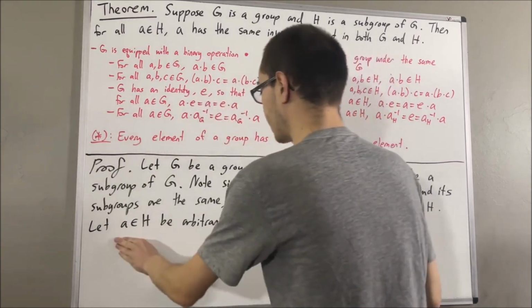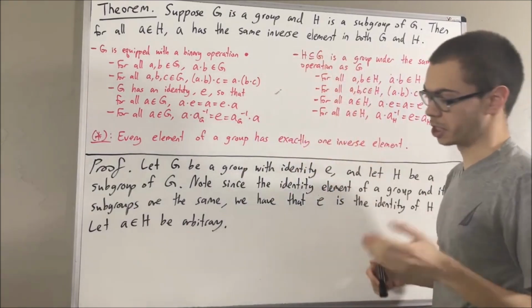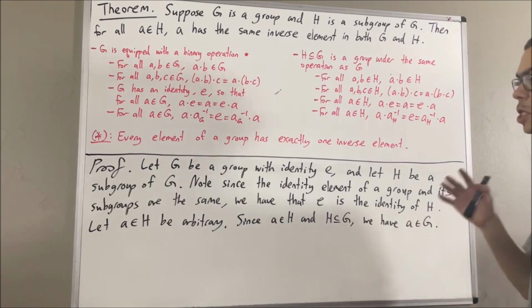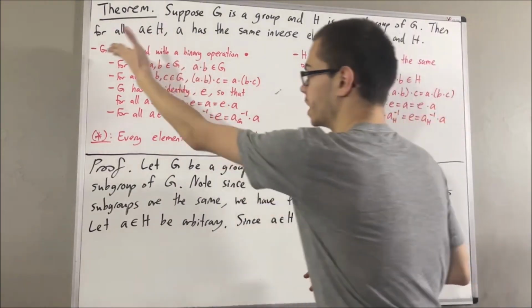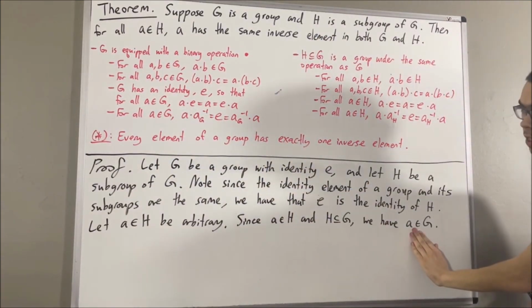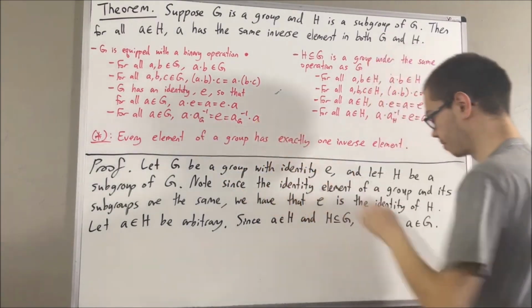Now, since A is an element of H, and H is a subset of G, that tells us A is an element of G. And then, by definition of a group, every element of G has an inverse. So in particular, A must have an inverse. And the inverse of A in G satisfies this property.